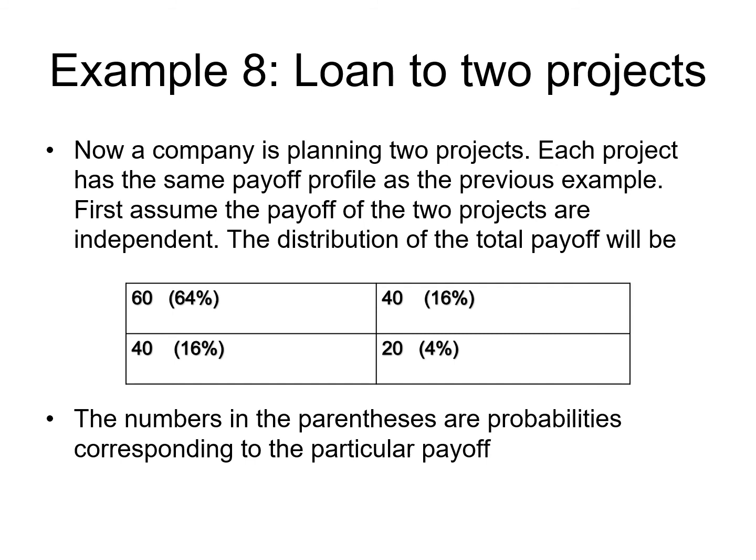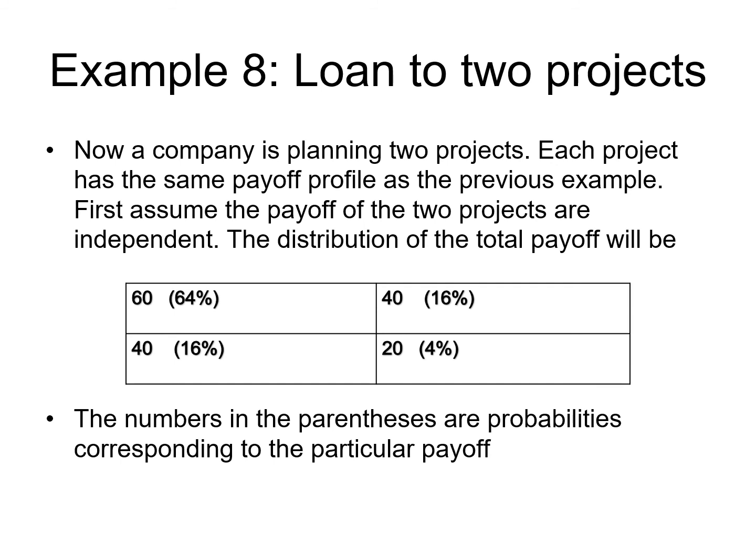And for 20, it is 4%. This means each project will receive $10 million, and the probability is 20% times 20%, which is 4%.